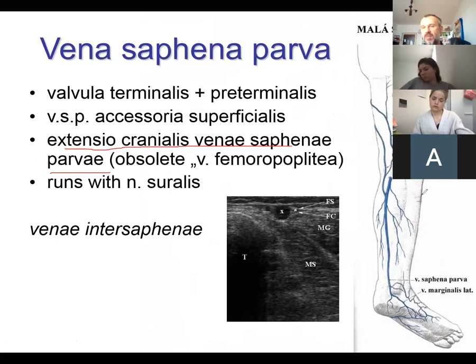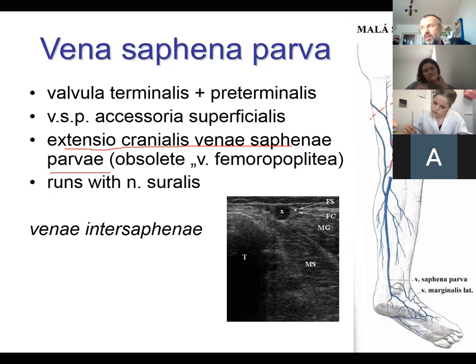And how the cranial extension terminates. It can terminate in 5 ways, and it is not necessary for you to know it. I just tell you how. One is that it winds around and gets into the great saphenous vein. Or it can drain into the muscle veins, which are in the biceps, semitendinosus, semimembranosus muscle.